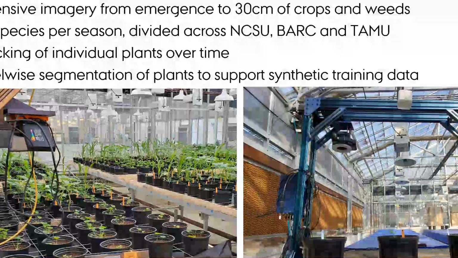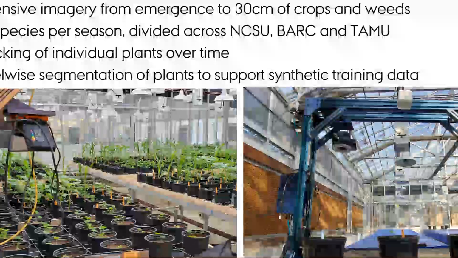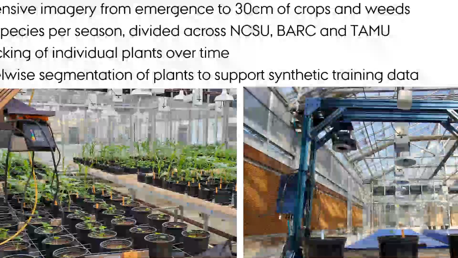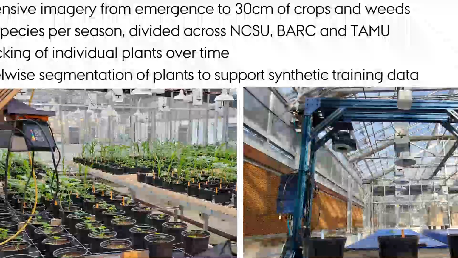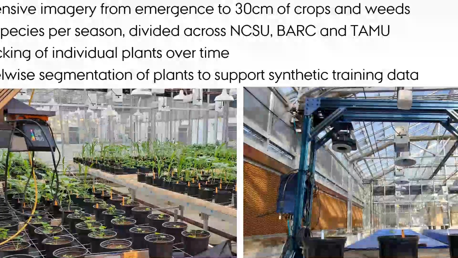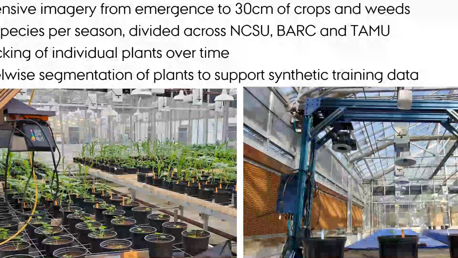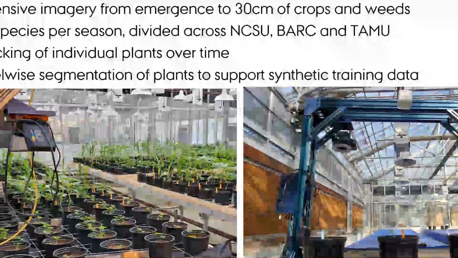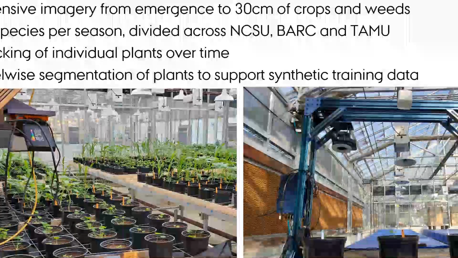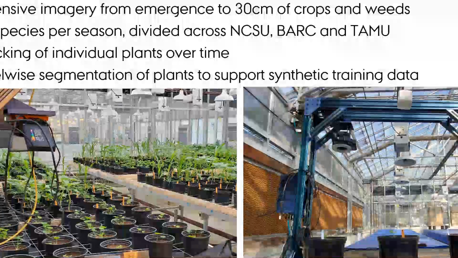This happens in Texas, North Carolina, and Maryland this year, and we're starting to build this data set. We can use this to build an extensive data set of both crops, weeds, and hopefully also cover crop species.